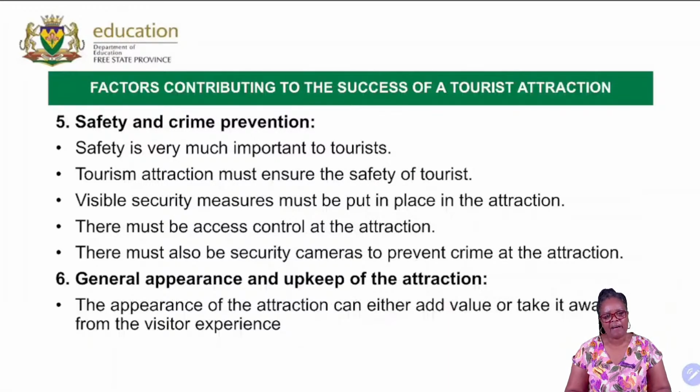This is another factor that will tell us that the attraction is successful. If safety and crime prevention measures are put in place, then that place will be successful.